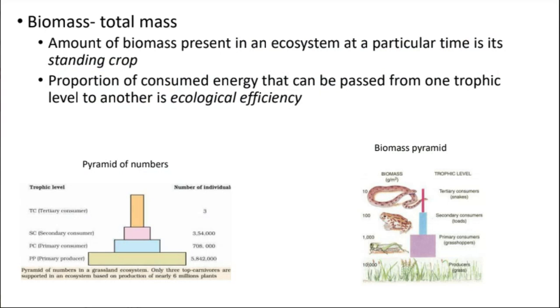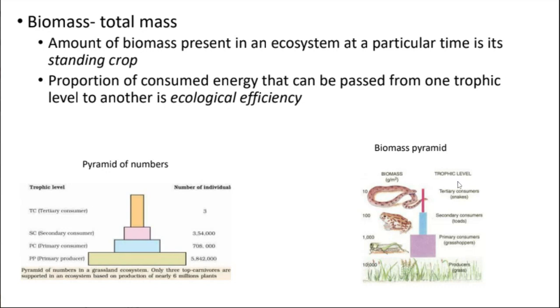Biomass is a term that's used quite a bit, and we've talked about it in class. Biomass is the total mass present in an ecosystem at a particular time. We also call it the standing crop. The proportion of consumed energy that can be passed from one trophic level to another is what we call the ecological efficiency.